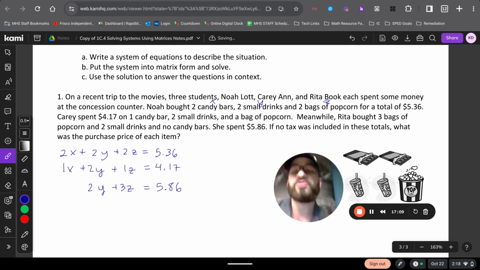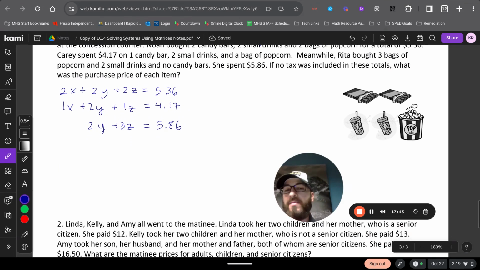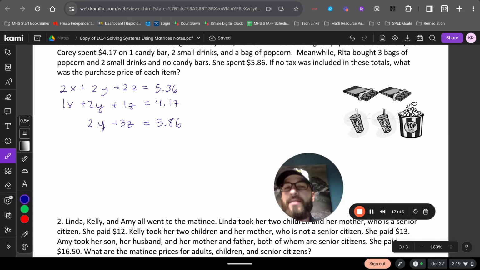And then, of course, we're trying to determine what was the actual cost of all of these different items. Okay, so once I have everything set up as a system, let's go ahead and actually convert this over into matrices. So our first 3 by 3 is going to be 2, 2, 2, 1, 2, 1, and then 0, because I don't have an X term, 2 and 3.